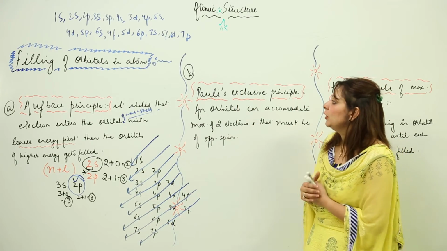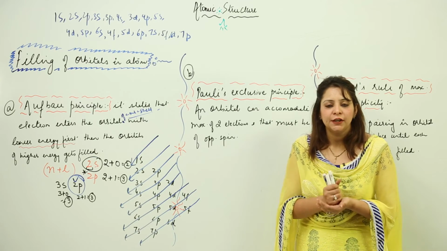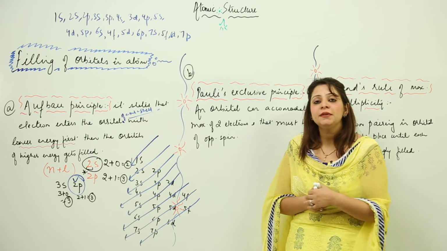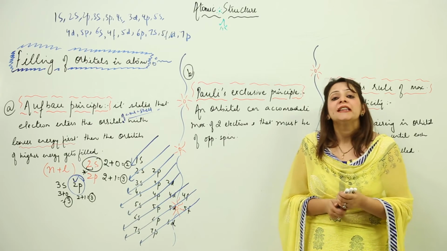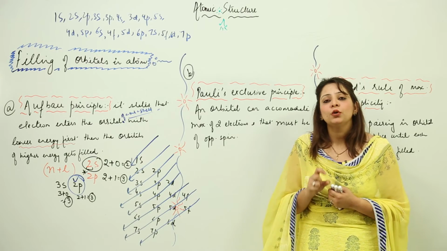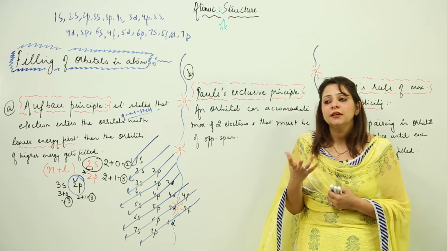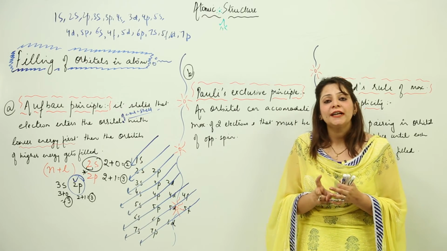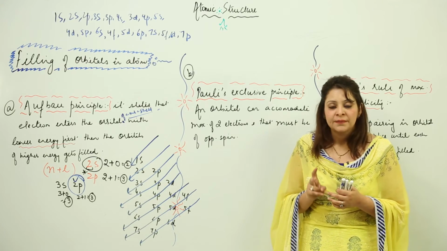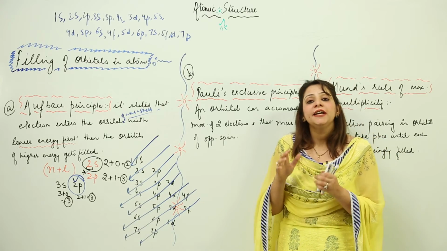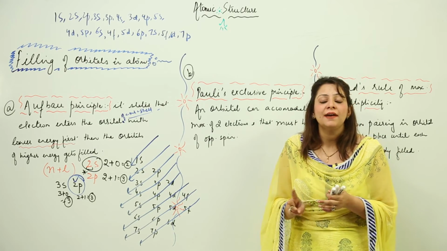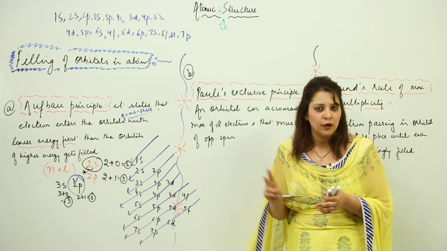Now we are done with the first rule. Now the second rule is Pauli's exclusion principle. When we did quantum numbers, I told you there also that there is a set of 4 quantum numbers, and that in an atom no 2 electrons can have all 4 quantum numbers the same. That means in an orbital, or in an atom, 2 electrons are never going to have the same set of all 4 quantum numbers.